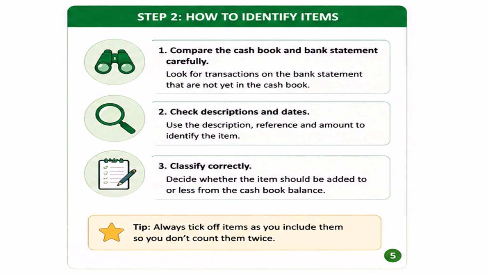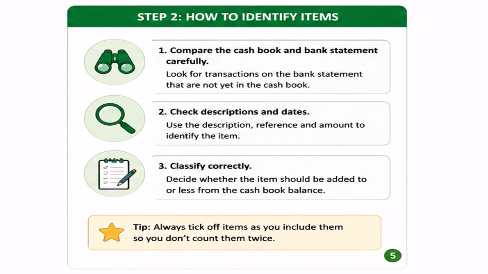How do you identify things that could be incorrect? Step number 1: you need to compare the cash book and the bank statement. This is just a summary. Step number 2: you need to check the descriptions, the dates, the references, as well as the names of the people, whom we call the payee. Step number 3: you need to classify your work correctly.